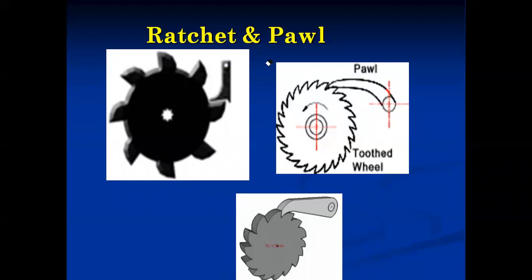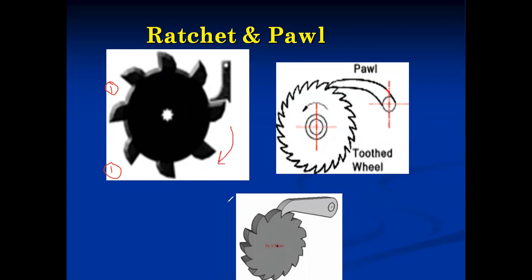In all cases, I will show how motion is transferred. In the first case, will the rotation of the ratchet be clockwise or anti-clockwise? In figure number 1, how will the ratchet rotate? Clockwise, in this direction.